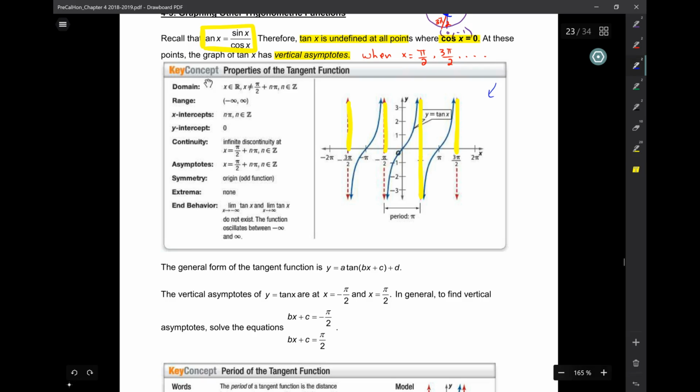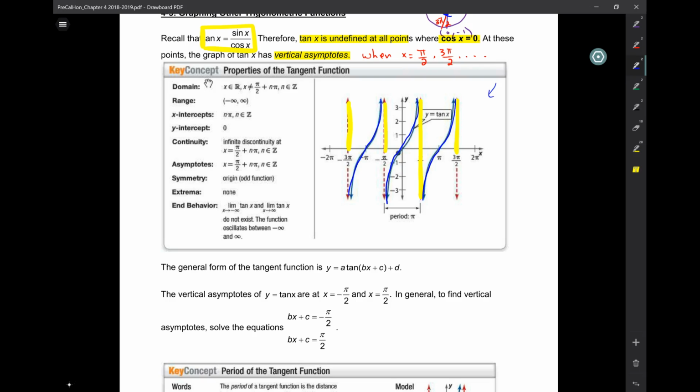Notice further that there are still cycles. That's 1 cycle, that's 2 cycles, and 3 cycles. A cycle is just a repetition. So it is still a periodic function with periods and cycles and everything else.